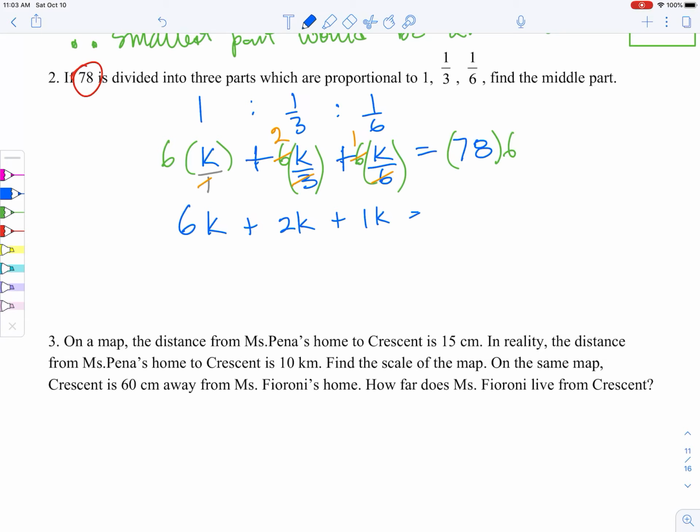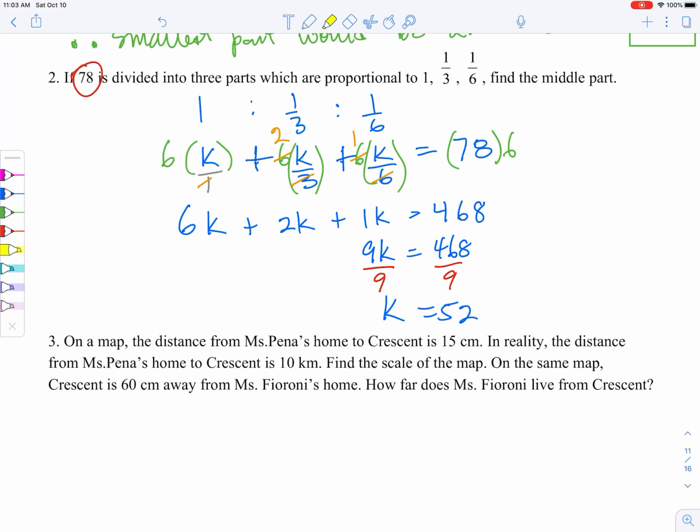So 78 times 6 is 468. Add up all the k's: 6 plus 2 plus 1 is 9k equals 468. Divide both sides by 9, and we get k equals 52. But we have to make sure we answer what was asked.